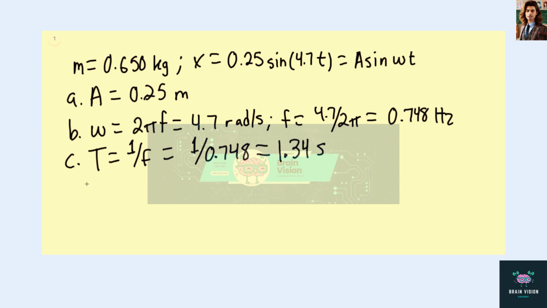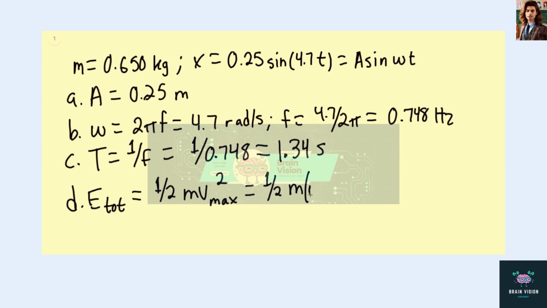Now for part D, they're asking us for the total amount of energy. So the total amount of energy is going to be equal to 1/2 m v max squared. And so this is going to be equal to 1/2 m omega a squared.